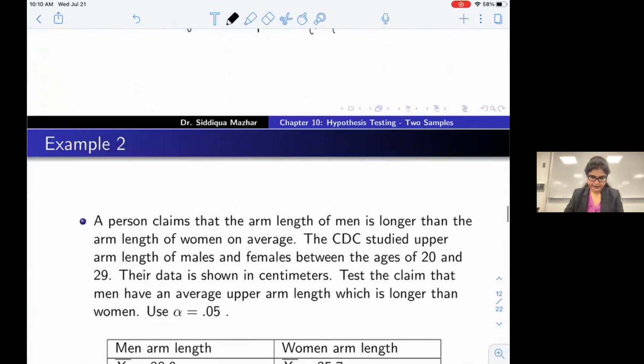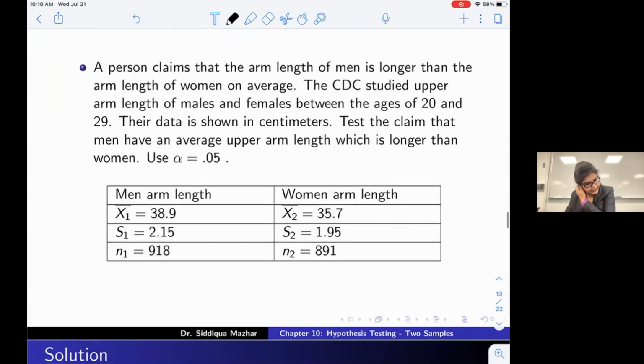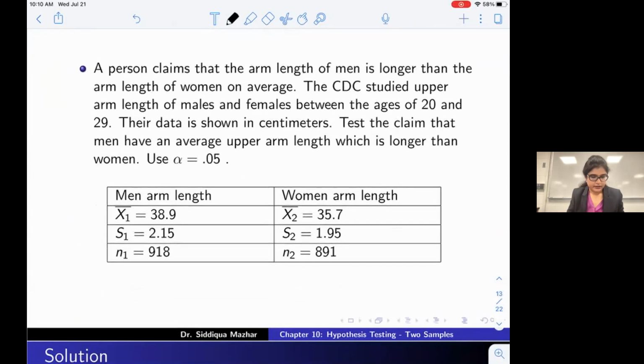So this is my evidence. This is my interpretation. In example 2, I want you to pause the video and read this statement and figure out whether it is for a mean or a proportion, which test you are going to use, and how you will do it.